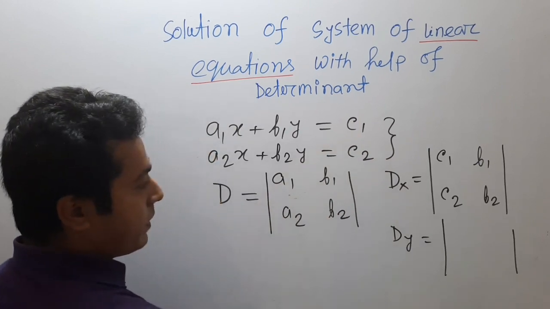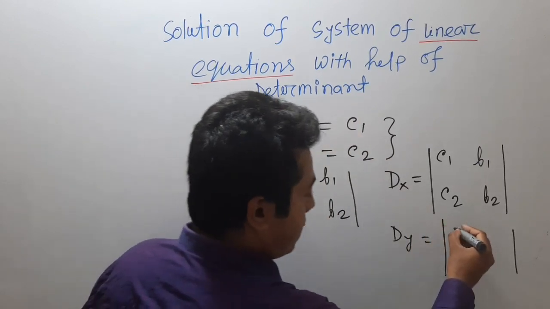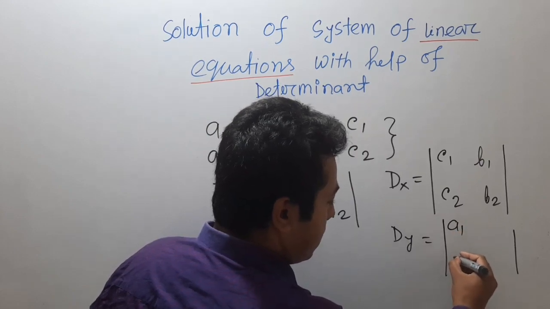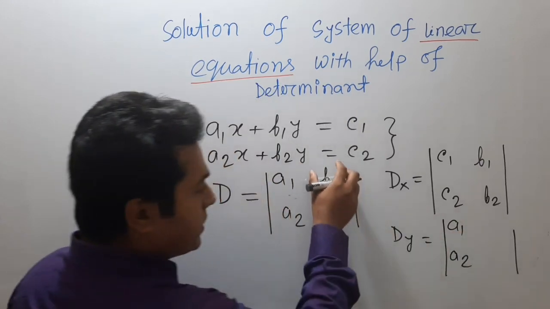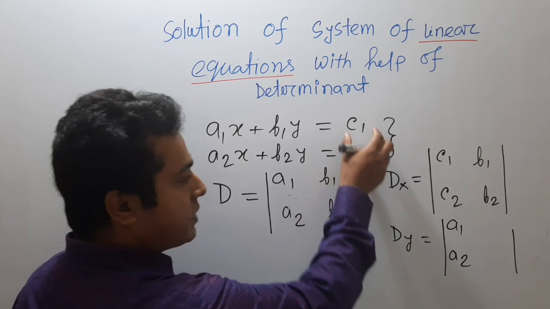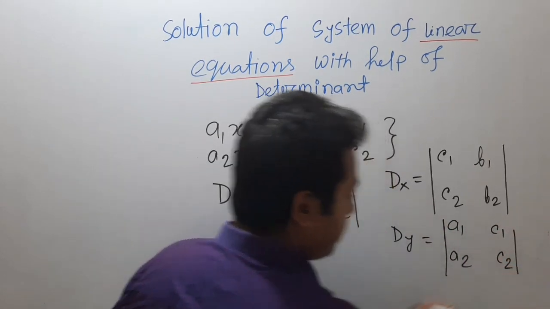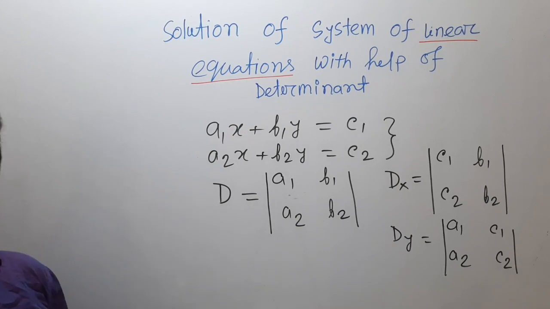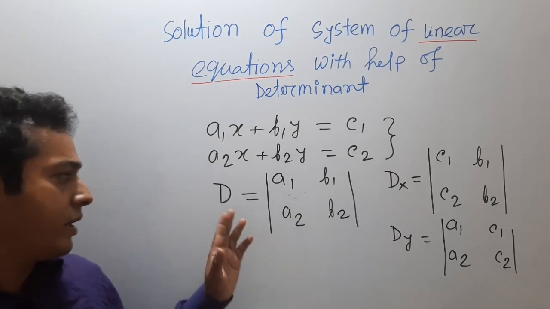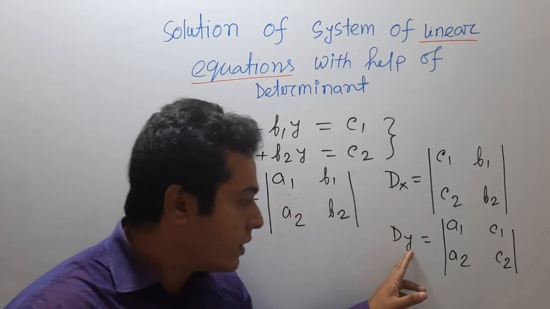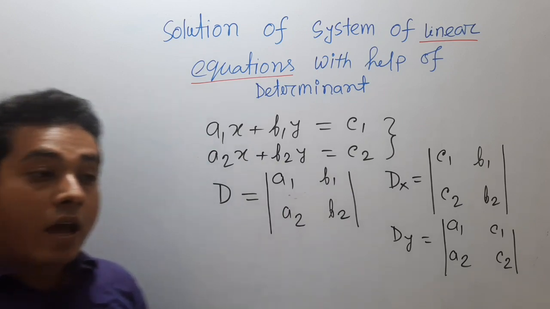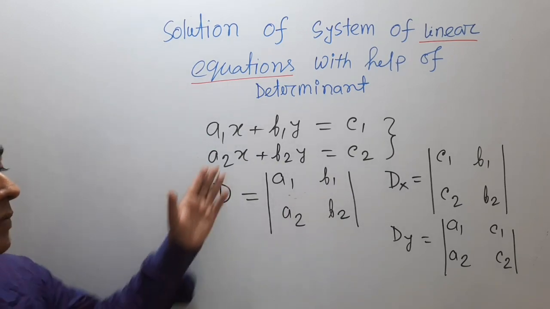So a1, a2, and the coefficient of y is replaced by constant terms c1, c2. Okay, already we have got the three determinants D, Dx and Dy, and now how we can solve this equation by these determinants.